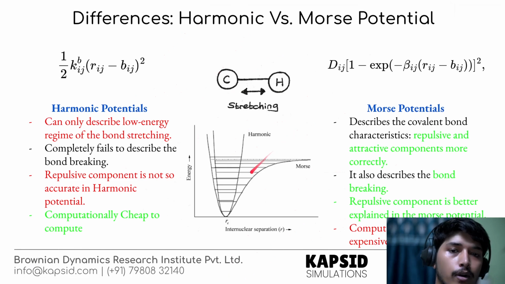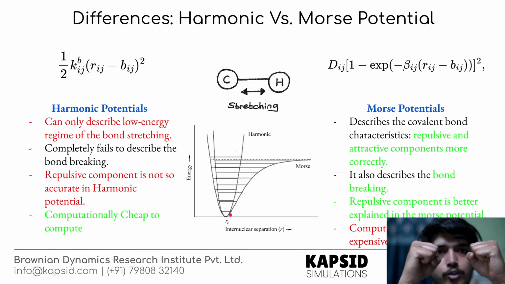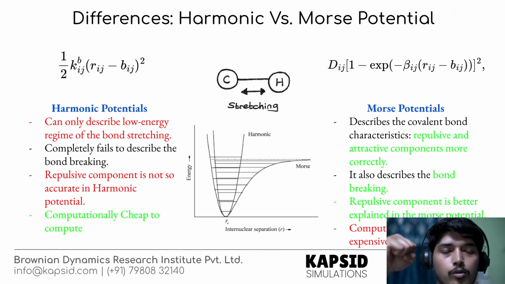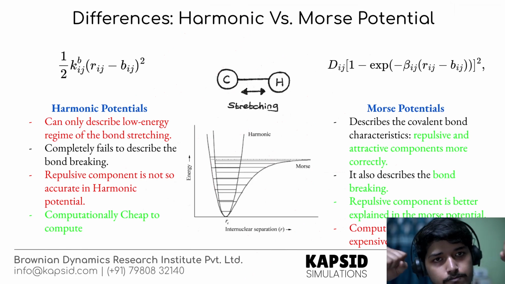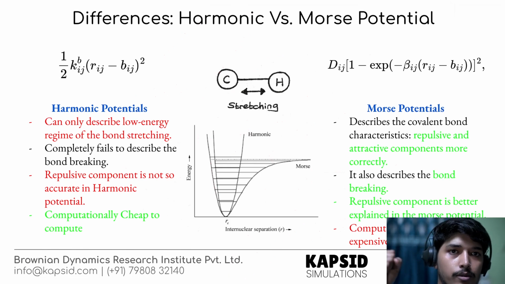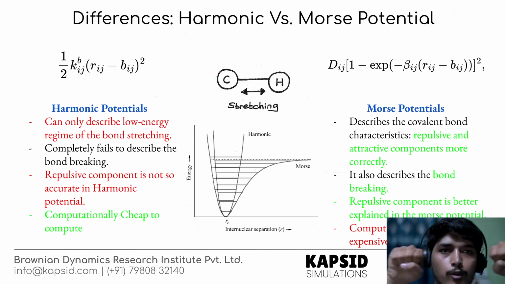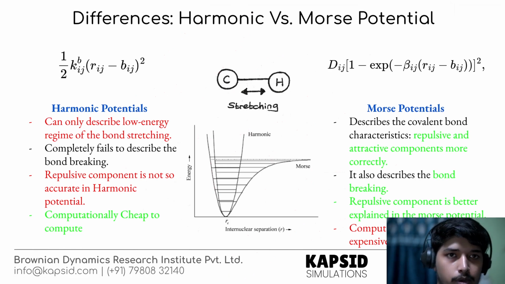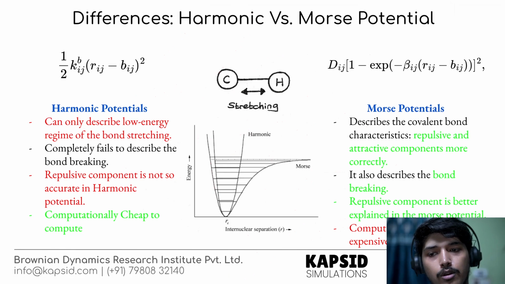Okay, so now coming to the differences between the harmonic and the Morse potential. The first difference that you can already see is that you cannot break a harmonic bond. If there is a harmonic potential and you try to stretch two atoms apart, what will happen? They will just come back, right? You can take them 2 kilometers apart, but they will still come back.